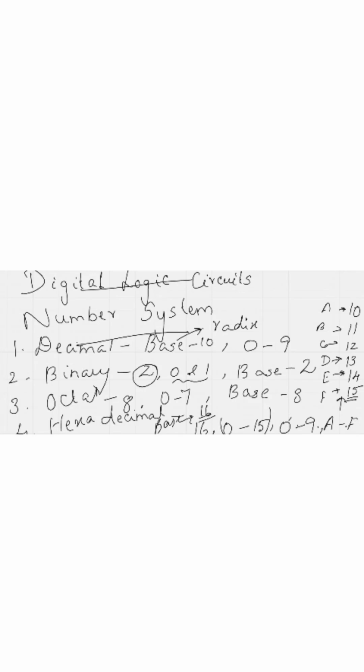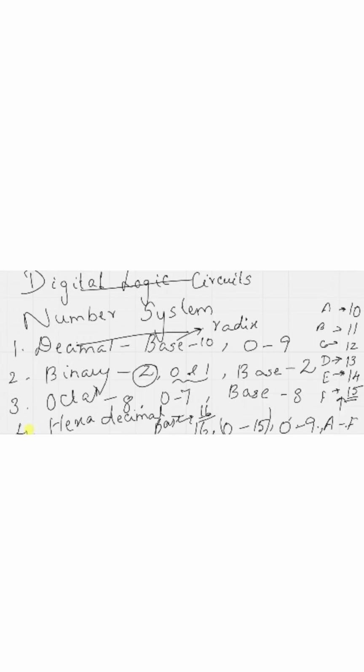Now we all understood what the different number systems in digital logic circuits are. Totally four number systems we have studied: decimal, binary, octal, and the fourth one is hexadecimal.